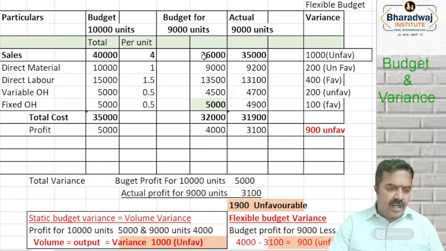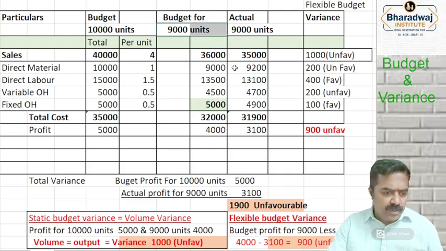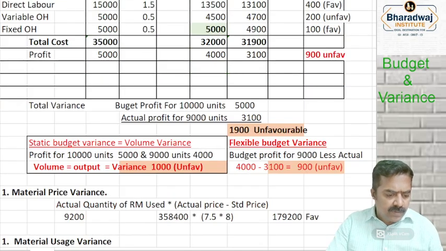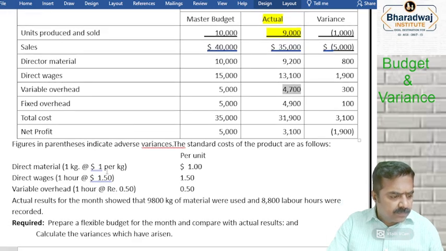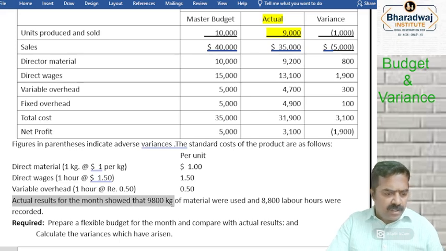What would have been the standard cost of material used for these 9,000 units? Okay, wait. The standard cost is, look at this. Actual cost of material used is how much?